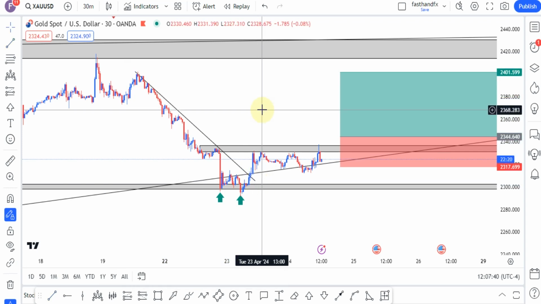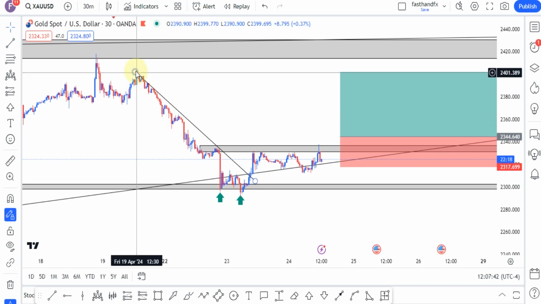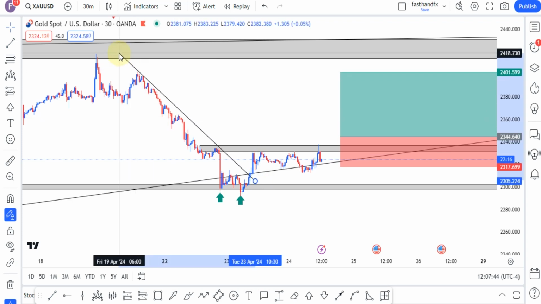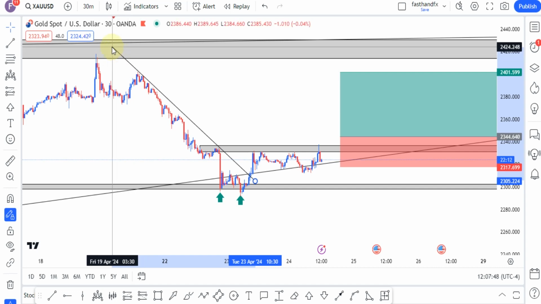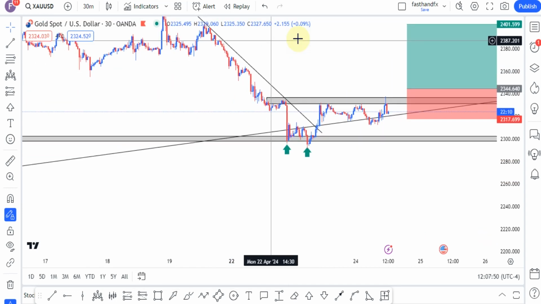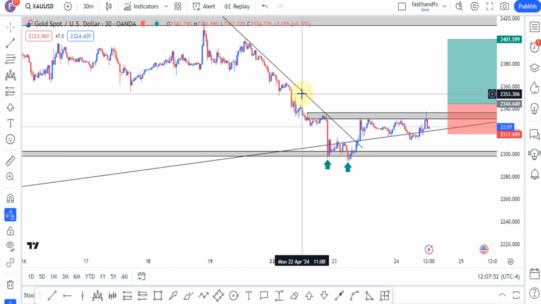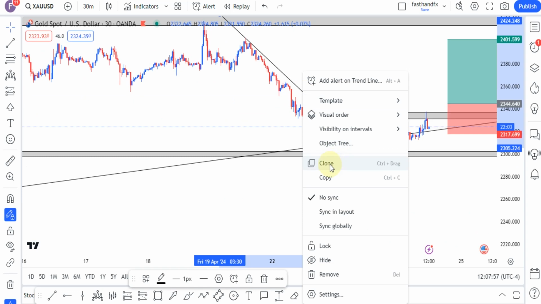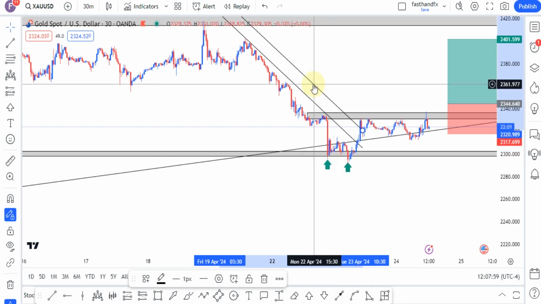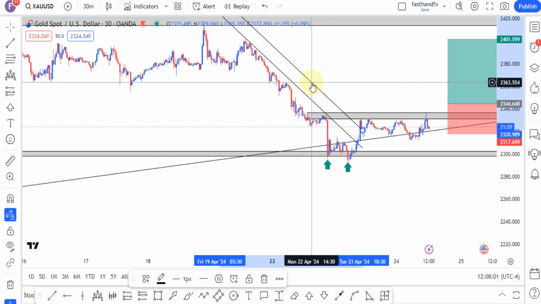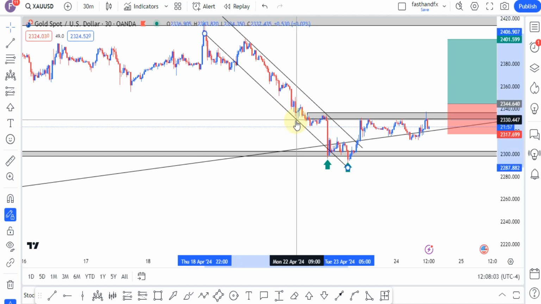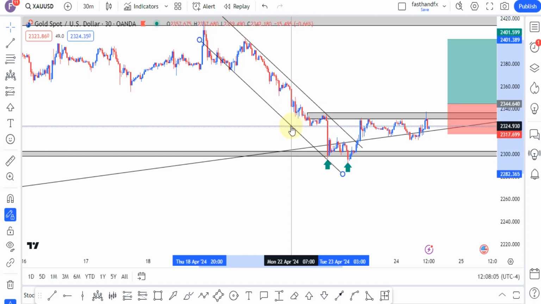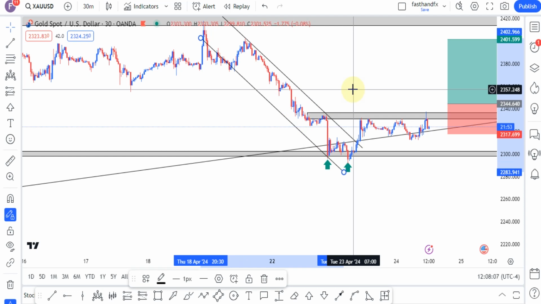So what the market is doing right now, guys, is just giving us a correction, a correction to the upside. Just in case the market does break above this area, I've told you guys we're going for buys. But if the market doesn't break above that area, we'll still wait and see if it breaks below, then we go in for sells.